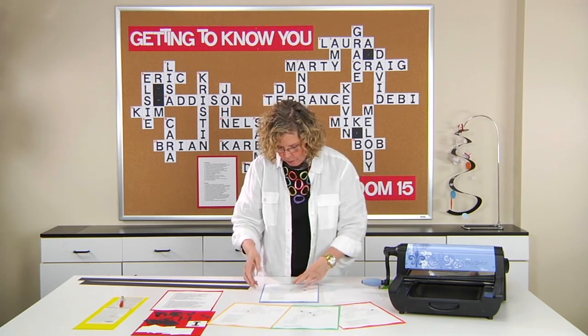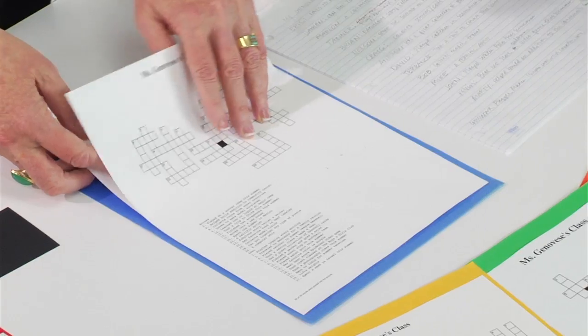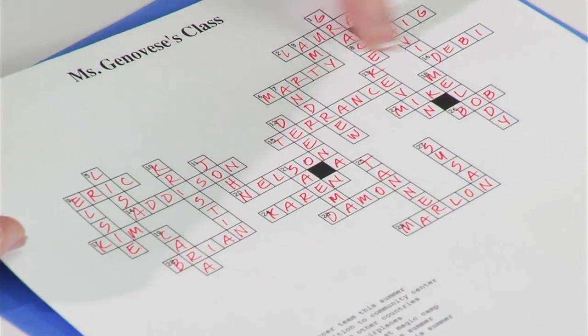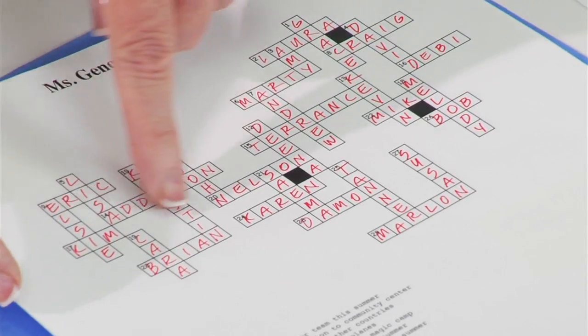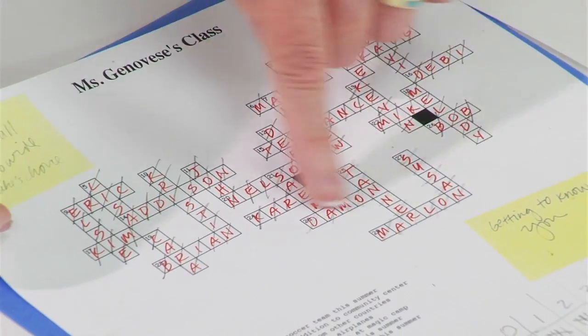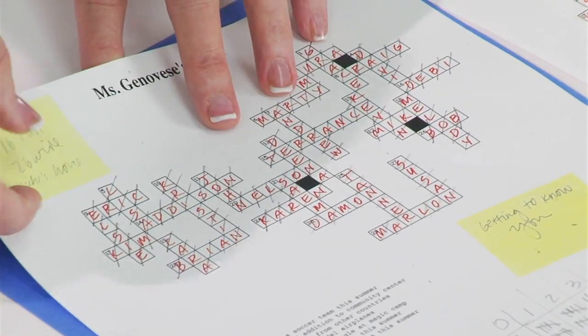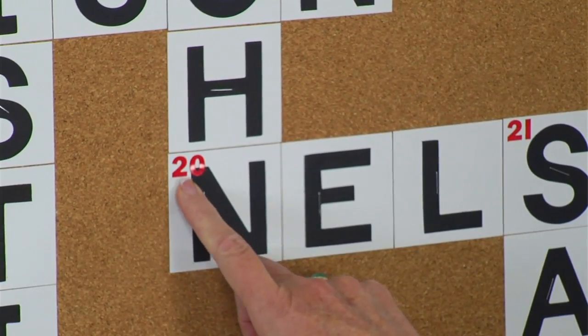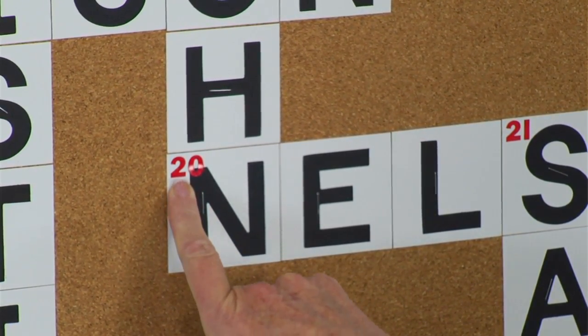So once you have your puzzle, if you look here, you can see that I went ahead and with a red pen, I filled in the students' names because I needed at this point to figure out how many of each letter I needed. So I went through and I counted the number of the letters that I needed as well as the number of numbers I need. If you look back at the puzzle, the acrosses and the downs are noted with these red stickers.